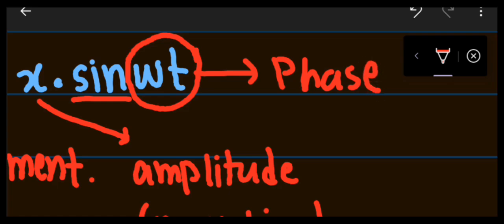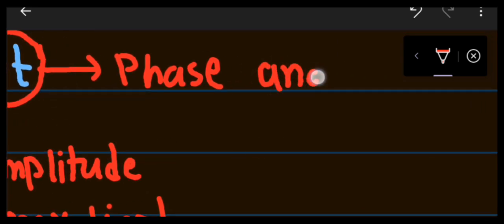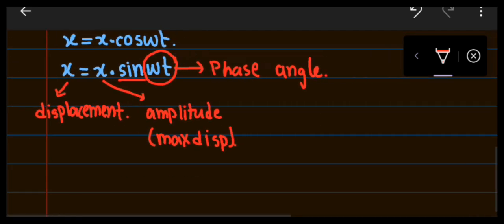Now you might be confused about what this phase angle actually is.